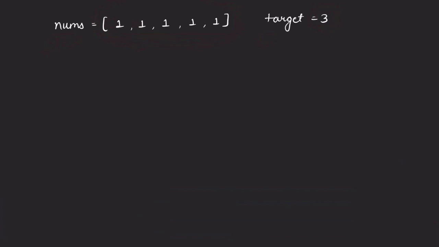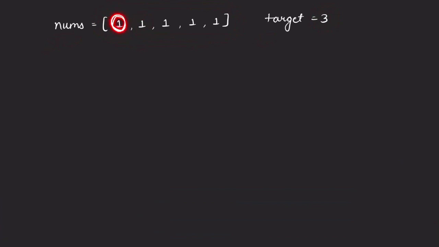Basically, how many ways are there in which the sum of these elements will be equal to target? So for every number, we have two choices: either keep it a positive number or make it a negative number.